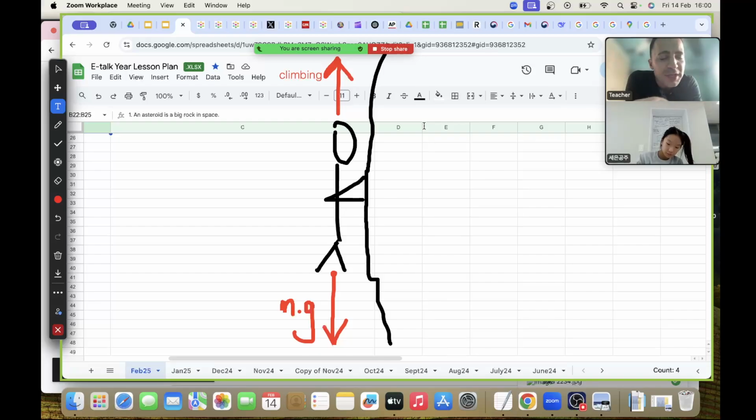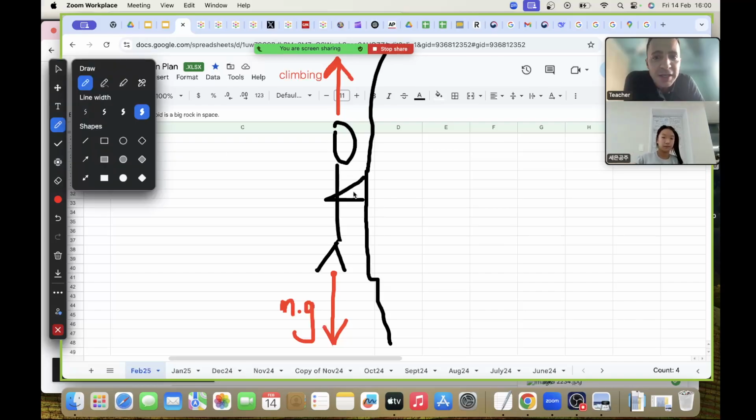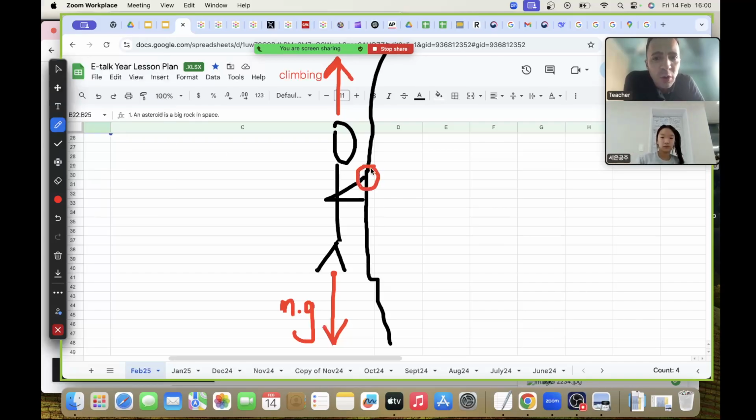Why will he fall down to the floor? Because gravitational force is pulling him down. Yeah, and his hands are no longer holding. His hands are holding, they are providing friction. They are providing a force upward. They are stopping the gravity from pulling him down.